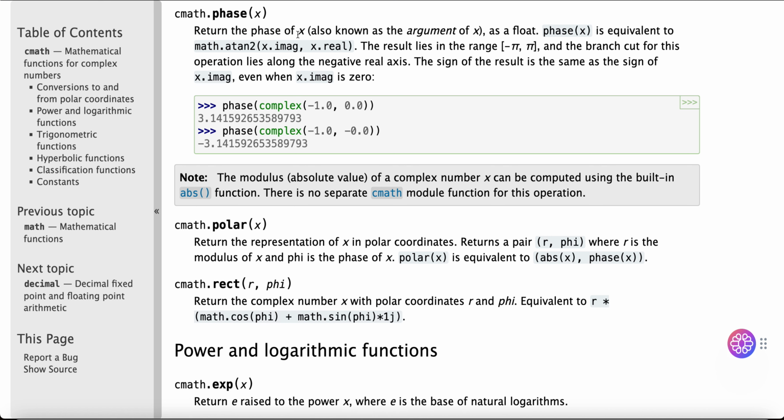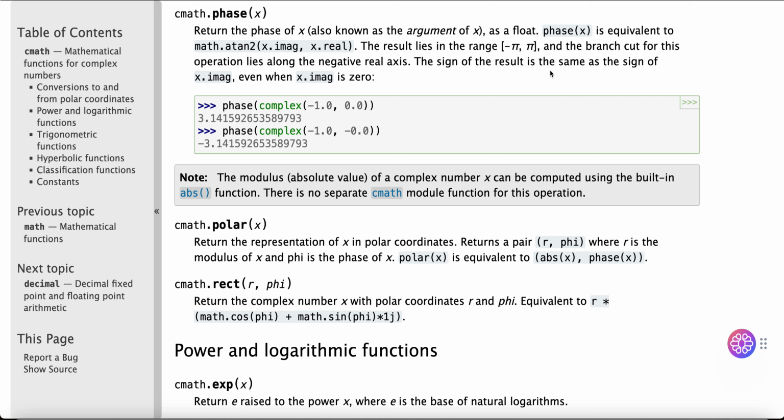cmath.phase(x) returns the phase of x, also known as the argument of x, as a float. phase(x) is equivalent to math.atan2(x.imag, x.real). The result lies in the range -pi to pi, and the branch cut for this operation lies along the negative real axis.